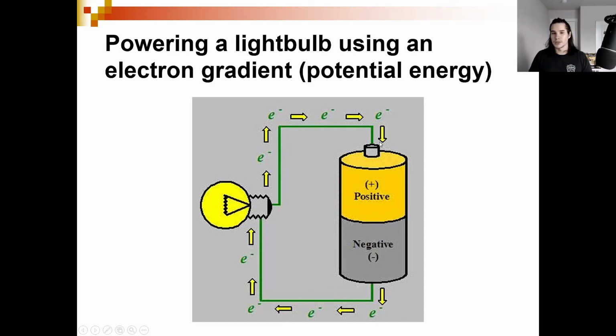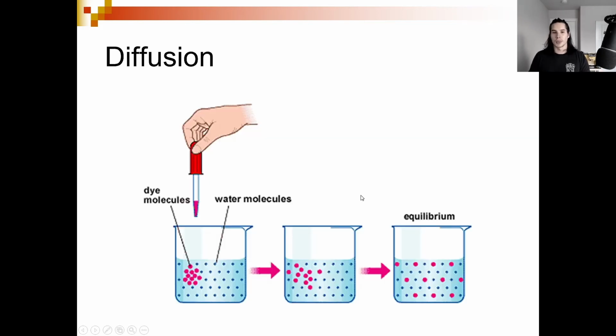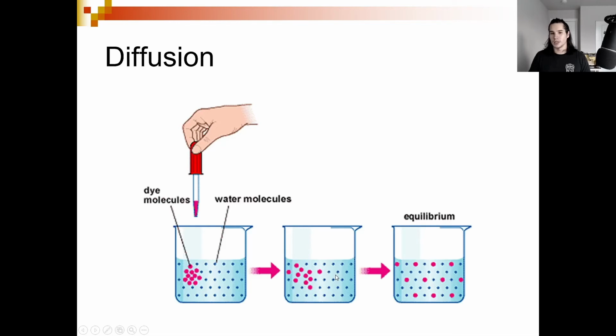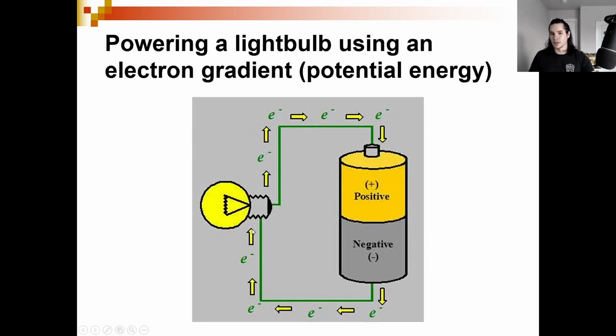They get to go where they want to go, towards this area devoid of electrons. We kind of do that in our mitochondria, where these hydrogens really want to be down here, and in the process, we churn it through ATP synthase to make ATP. So instead of lighting a light bulb, we just utilize that energy to make a different type of potential energy.